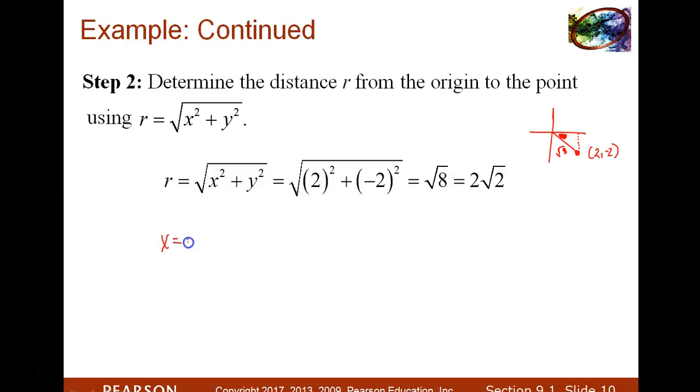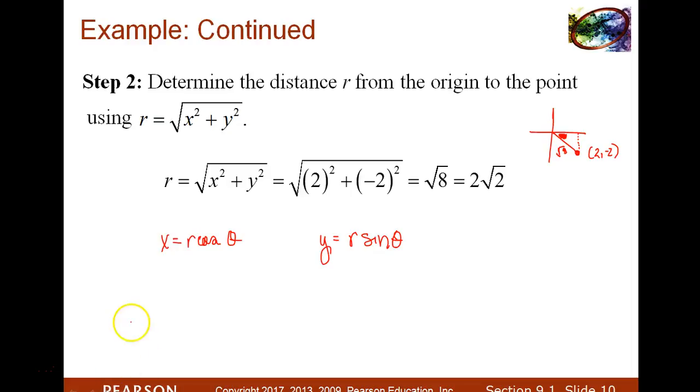I know that x is equal to r cos theta, and y is equal to r sine theta. When you solve for these, it doesn't matter which one you use, and you can solve both, and you should land in the same spot, but it won't always look like you're in the same spot. You'll wind up with the same reference angle, as far as how far away I am from that x-axis.